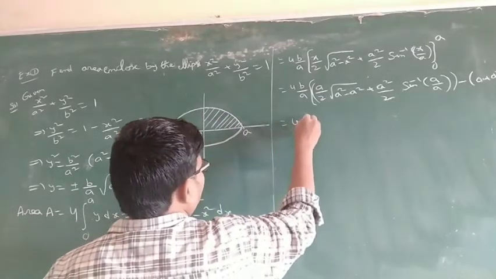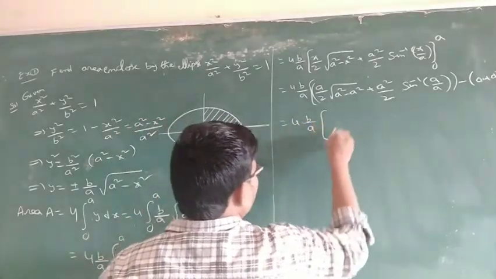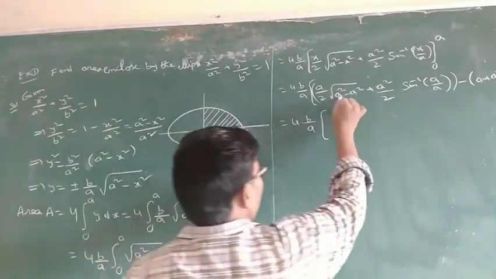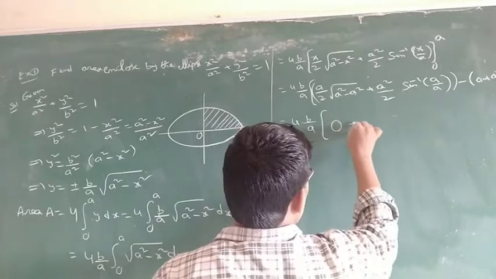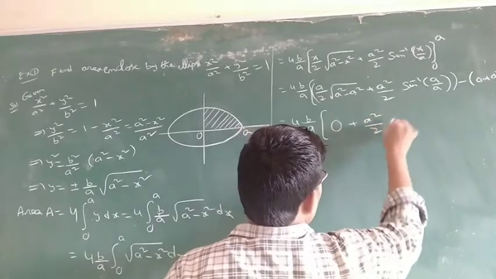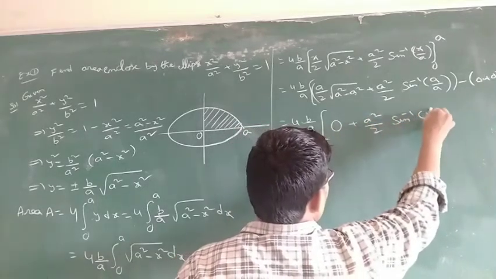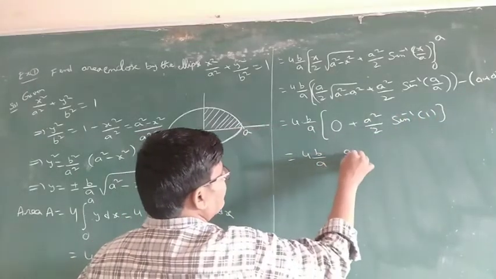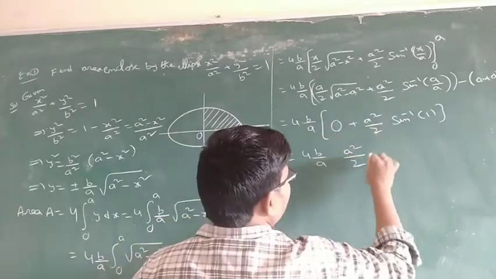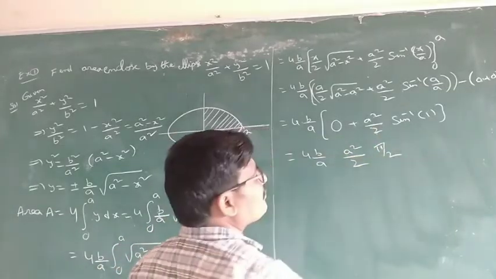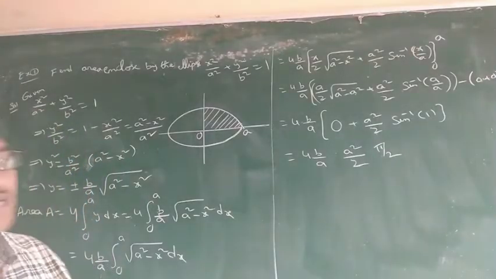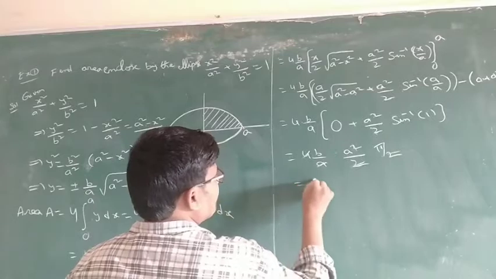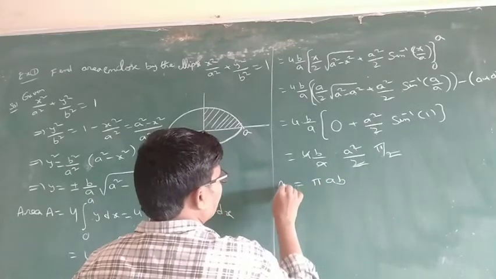That is equal to 4 into b by a into, a square minus a square is equal to 0, root of 0 is equal to 0, plus a square by 2 into sin inverse 1. So that is equal to 4b by a into a square by 2 into sin inverse 1, which is 90 degrees, so the 4 and 2 cancel, a cancels. So equal to pi ab.